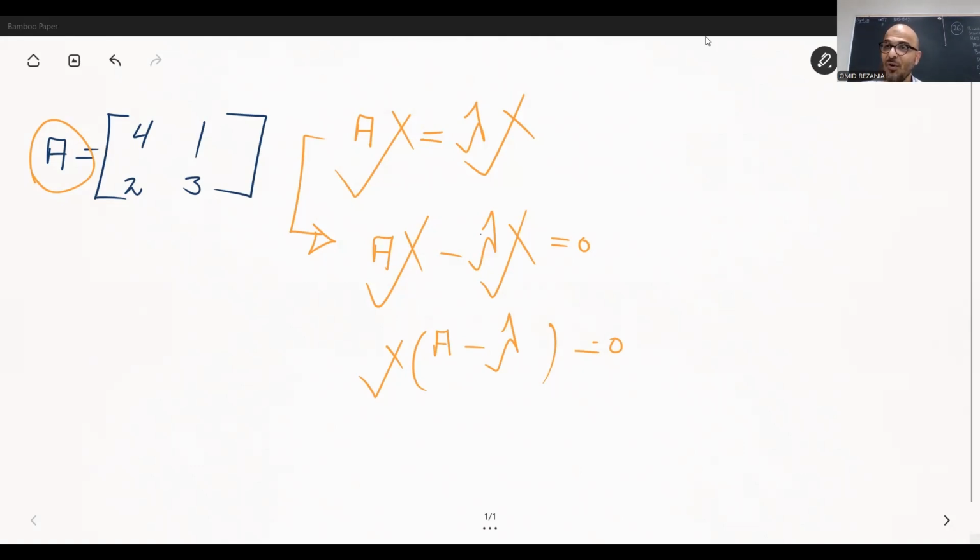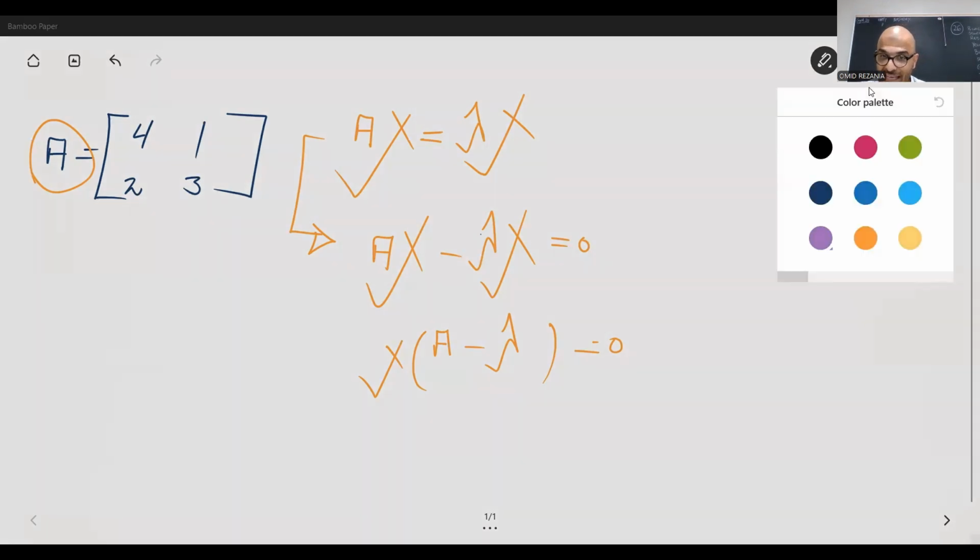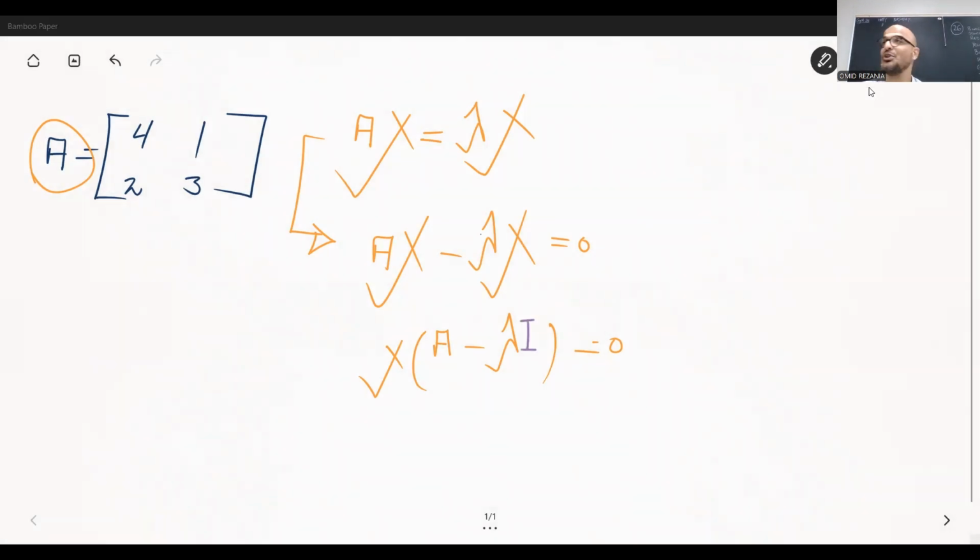As a result, in order to resolve the issue, we have to introduce an identity matrix, which is a square matrix where all elements are 0 except the elements on the main diagonal, which are 1. Then in that case, we saw that it becomes a characteristic equation.